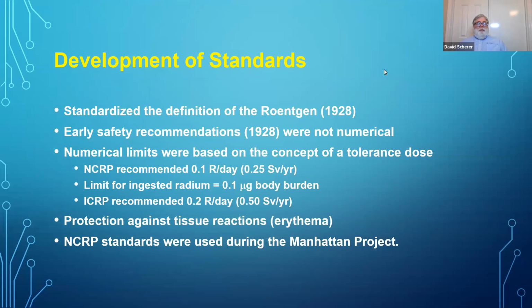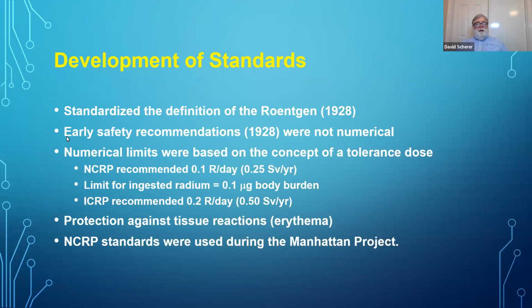So, how did the standards develop over time? Well, the first thing that was necessary, as I've mentioned a few times, is to have some unit for measuring radiation, so we could talk about these things on the basis of actual measurements and speak the same language. And so they came up with the definition of the Röntgen in 1928, and that was the ICRU group.